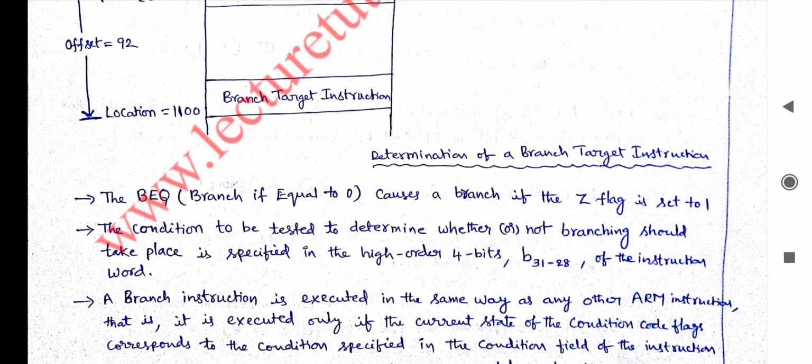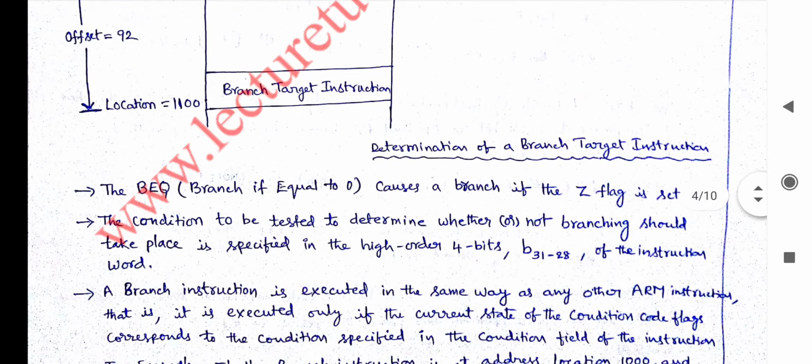The condition to be tested to determine whether or not branching should take place is specified in the higher order 4 bits, that is bits 28 to 31 of the instruction word. The higher order 4 bits represent whether the branching condition is met or not.